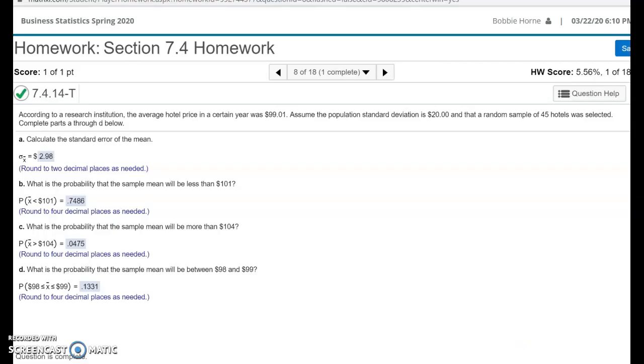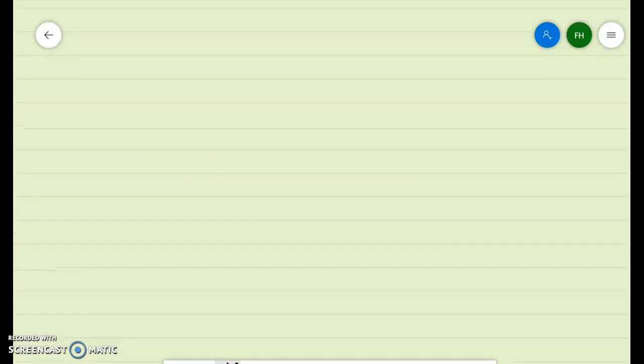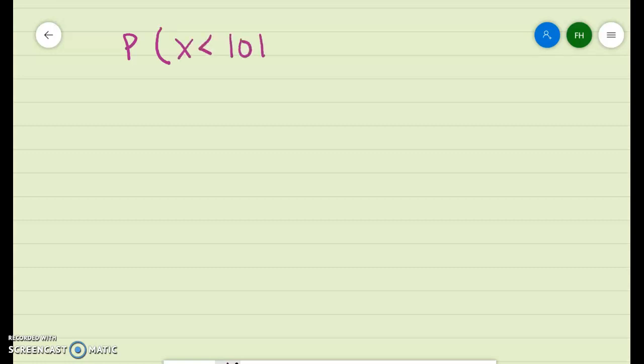And for the second part, it says, what is the probability that the sample mean will be less than 101? So we're going to do the probability that x is less than 101. If our sample size n is greater than or equal to 30, then this is very important: the sample mean will follow a normal probability distribution.